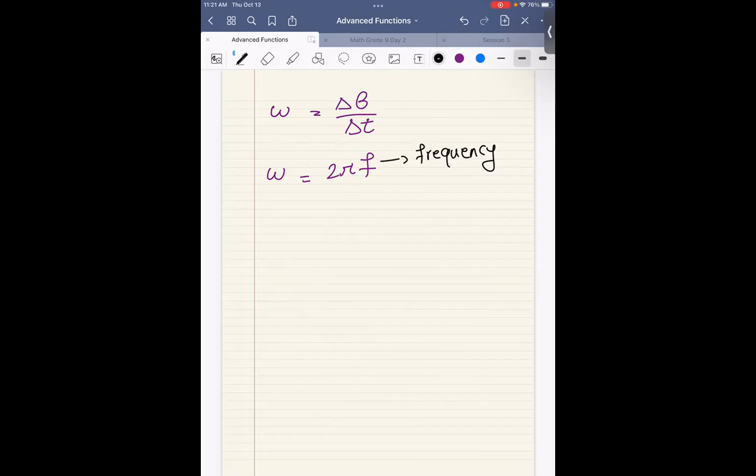And then another important formula is omega is equal to V divided by R, where V is the linear velocity.